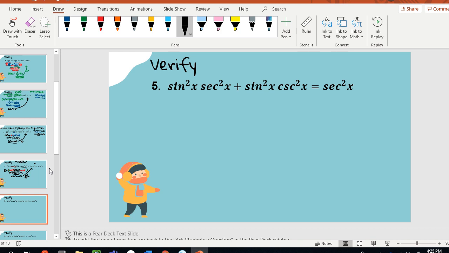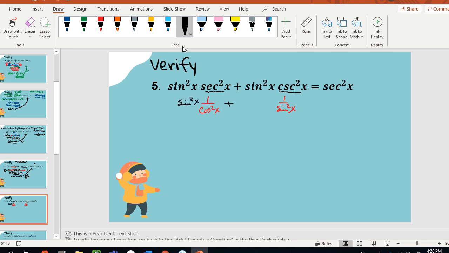So this one, I like the idea of getting rid of secants and cosecants and turning them into sines and cosines. Left side is definitely more complicated, so that's the one I'm going to change. Secant squared becomes 1 over cosine squared x. Cosecant squared becomes 1 over sine squared x. Everything else I'm going to keep the same.